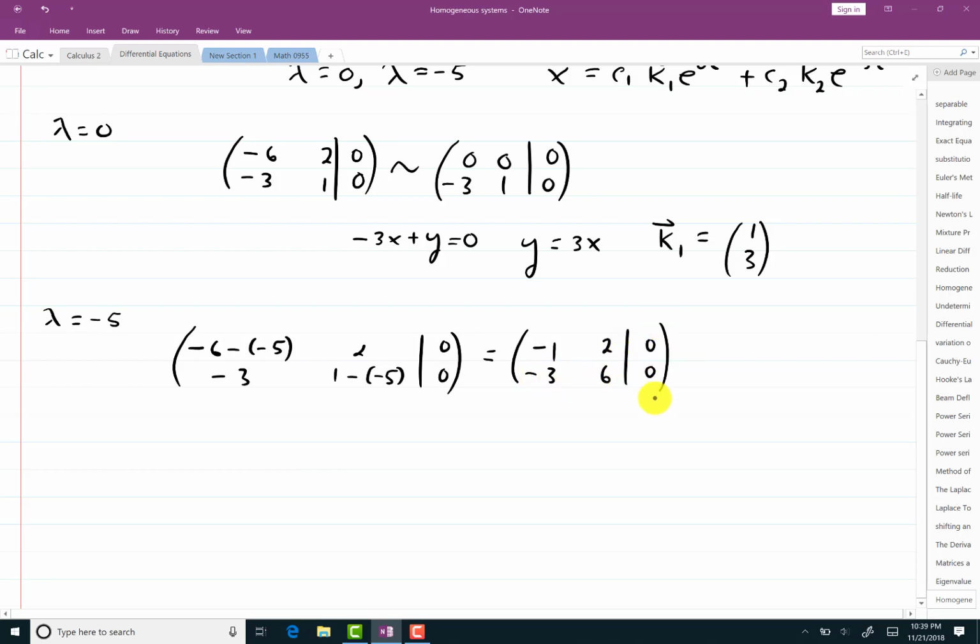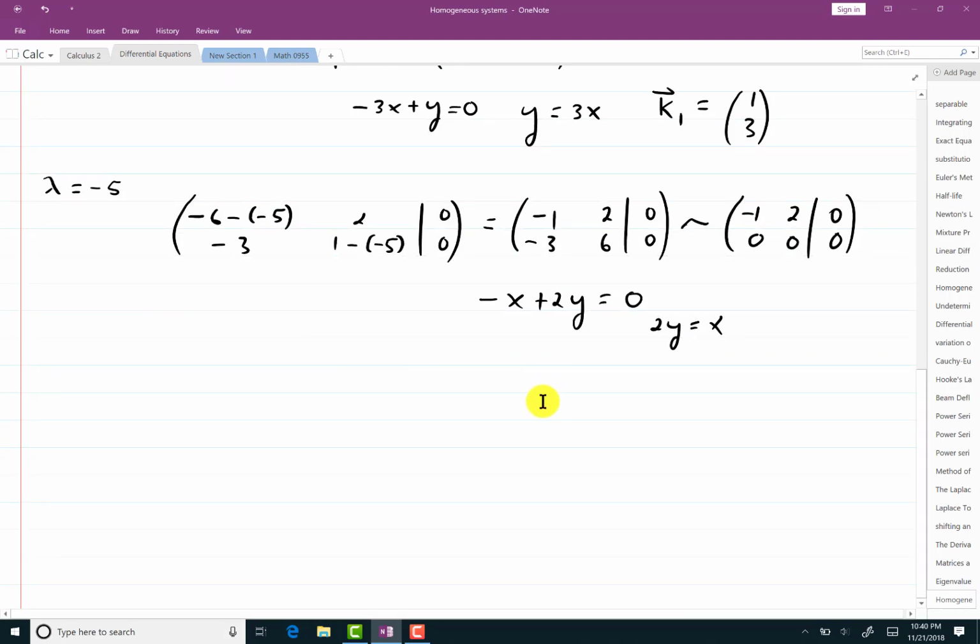And the same kind of thing happens. I can use the first row to wipe out the second row and wind up with just this. And then this becomes negative x plus 2y equals 0, or 2y equals x.